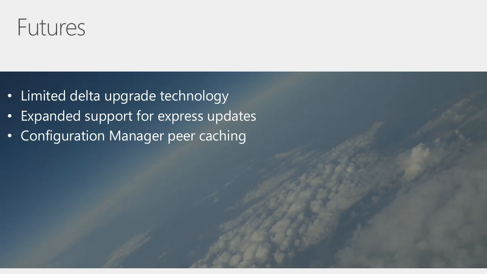So in Windows 10 1607 compared to Windows 10 1511, pretty much every binary in the operating system was updated. The things that aren't updated are things like fonts and bitmaps and sound files. So when we actually look at a delta between the two operating system versions, it's a pretty sizable delta. But we do want to go through the effort of shrinking that as much as we can.